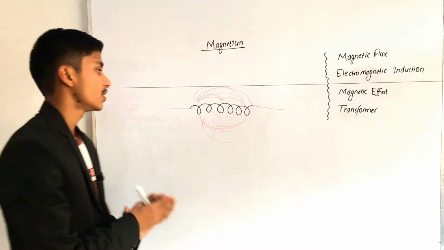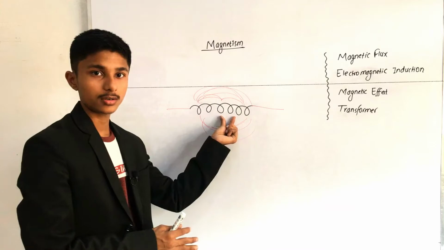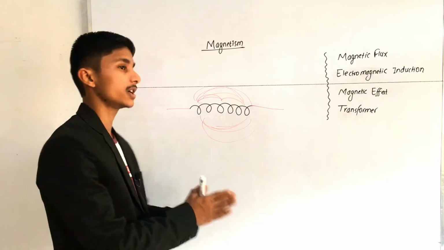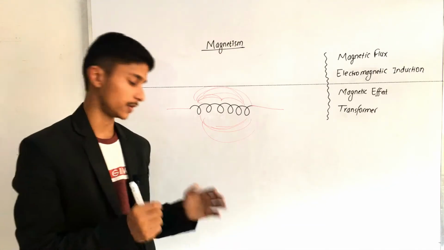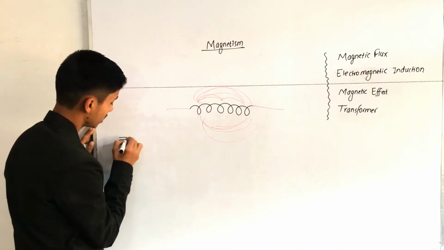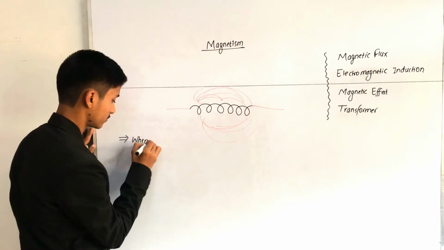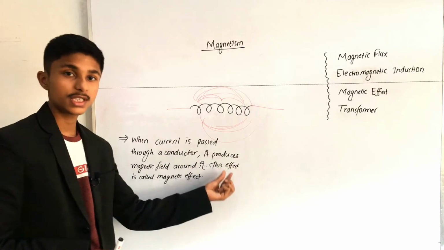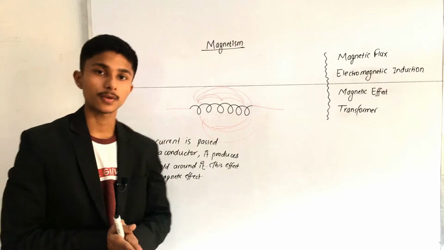So we can say that when current is passed through a conductor, it produces a magnetic field around it. This effect is called magnetic effect.